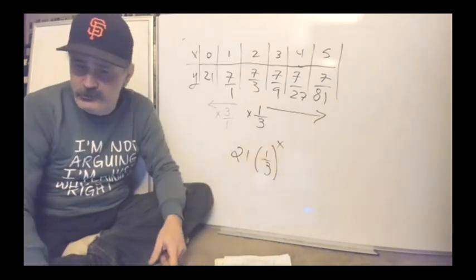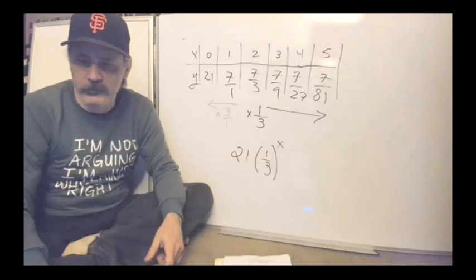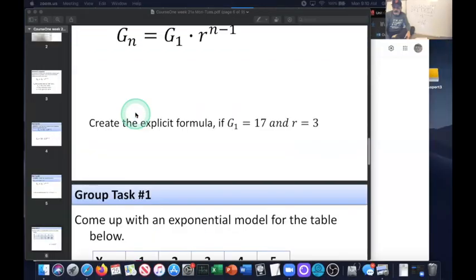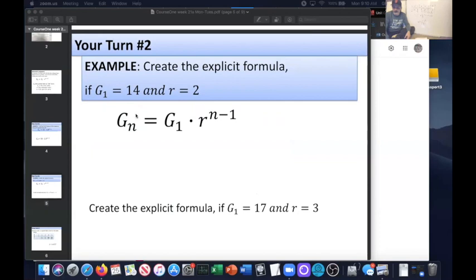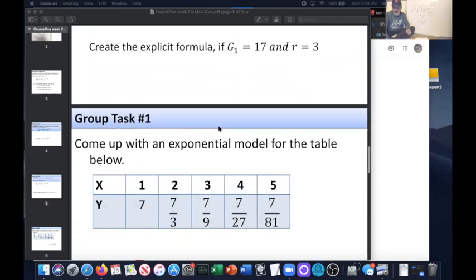Whereas when we're looking at sequences, this is n minus 1 because n is never 0. N always starts at 1. And when n starts at 1, we get 1 minus 1. We get a 0 exponent. And that's how these are related. They're very close, similar to each other.